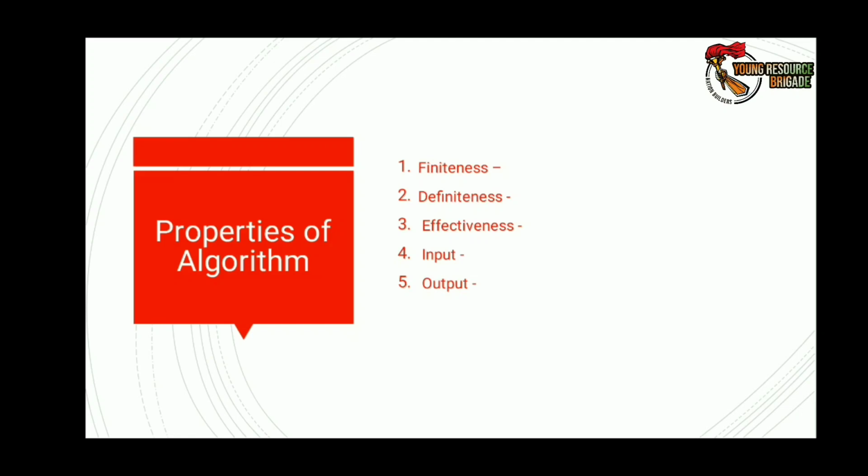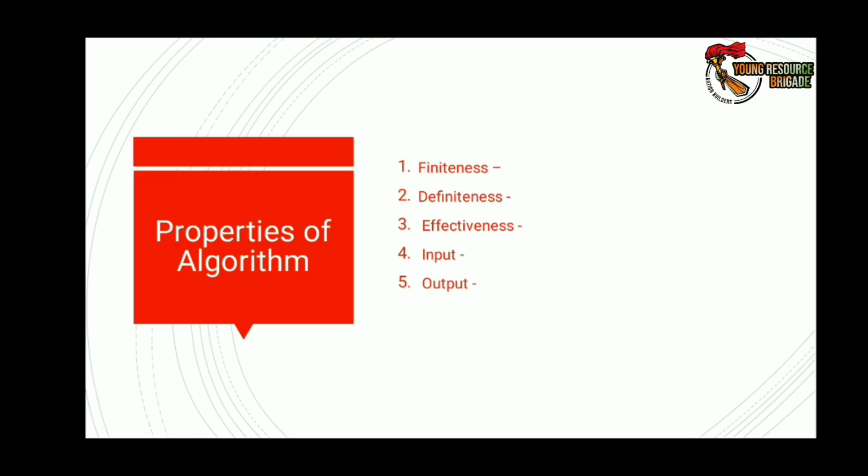Then we see the third property, effectiveness. It says every instruction must be sufficiently basic that it can be carried out by a person using only pencil and paper. Then fourth we see input.